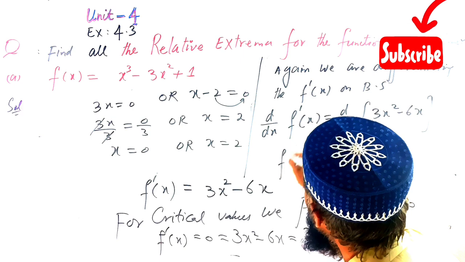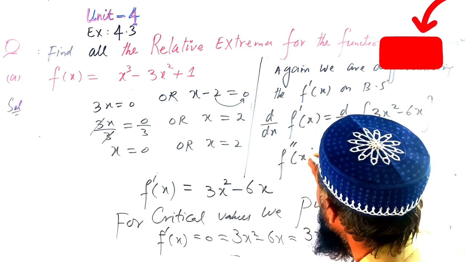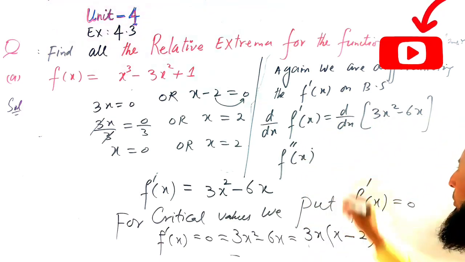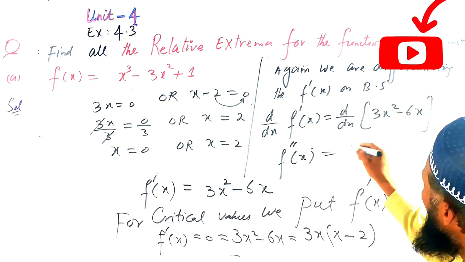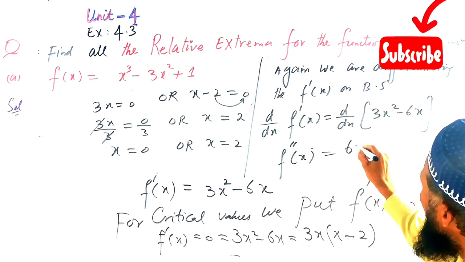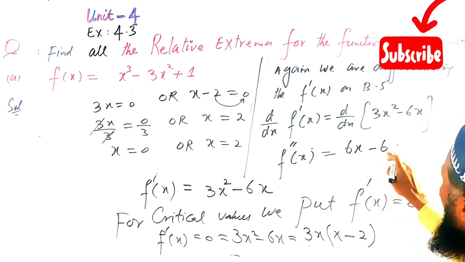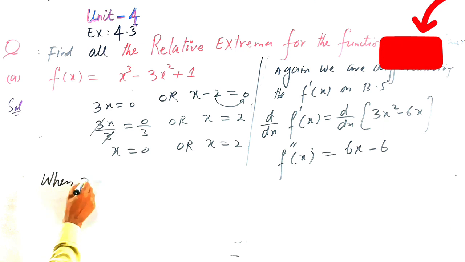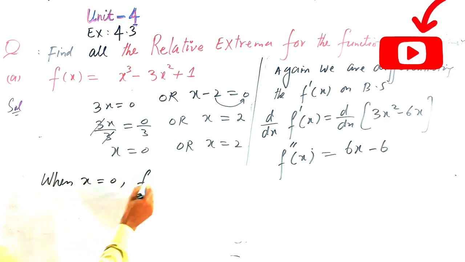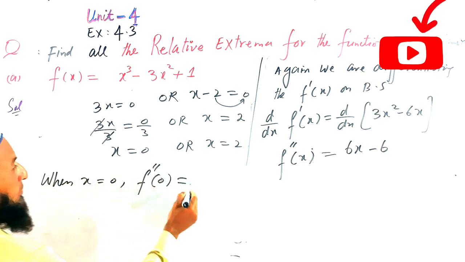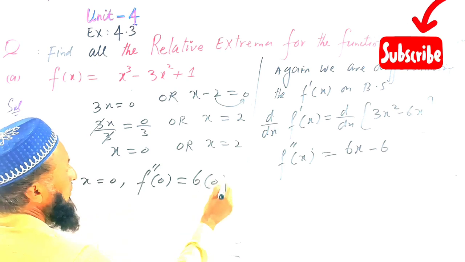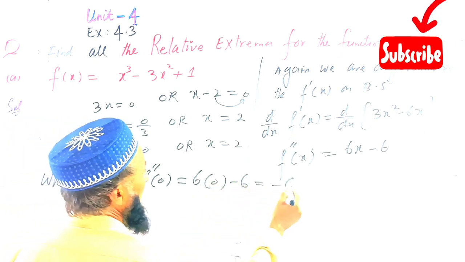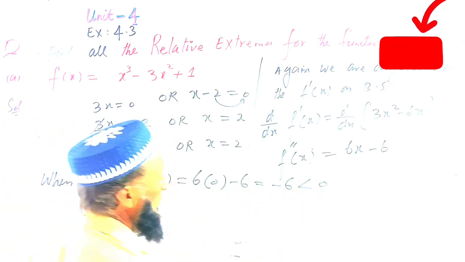Now the double derivative is equal to, using the power rule, 6x minus 6, x squared is 1, 0. Then f double dash is equal to 6 into 0 minus 6. So the result is minus 6, which is less than 0.